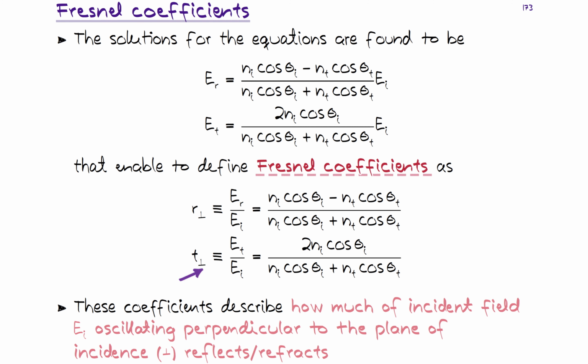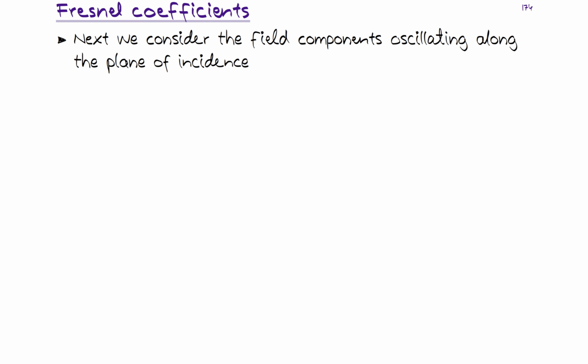So essentially I'm defining this to the polarization component that is oscillating perpendicular to the plane of incidence, as in figure A in the original slide. And now I will do the same thing for the field components that are oscillating along the plane of incidence. So that would be the other orthogonal polarization component of interest.